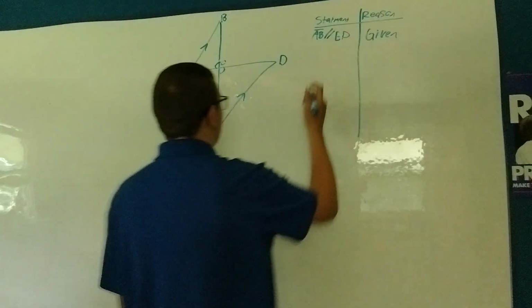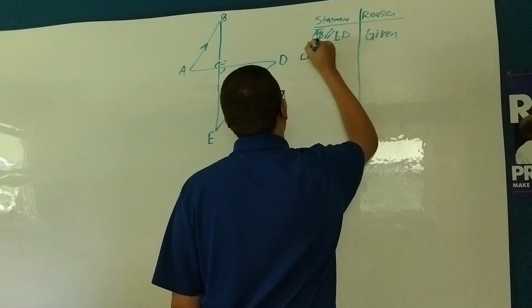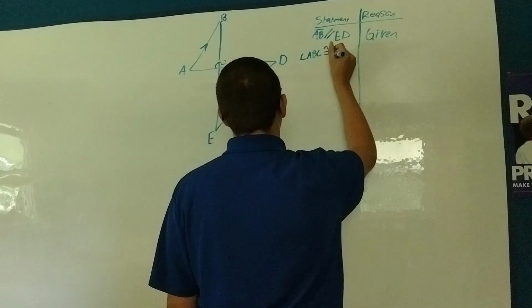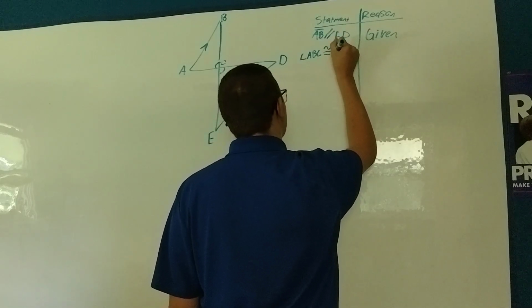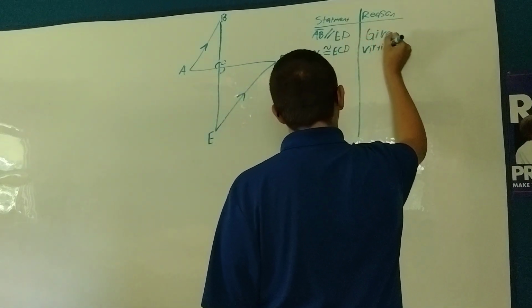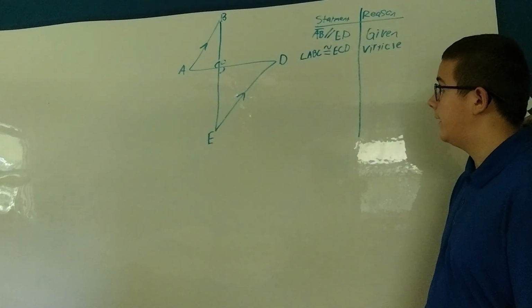So we can say that angle ABC is congruent to angle ECD because vertical. Just like that.